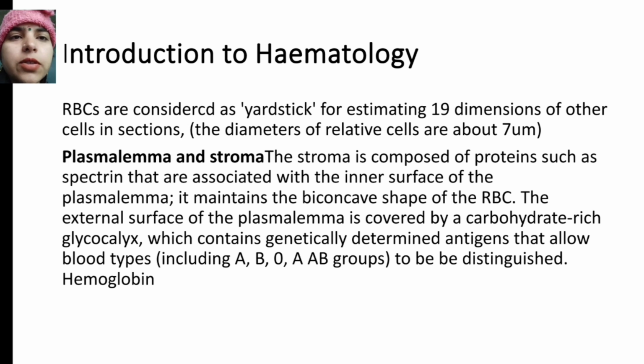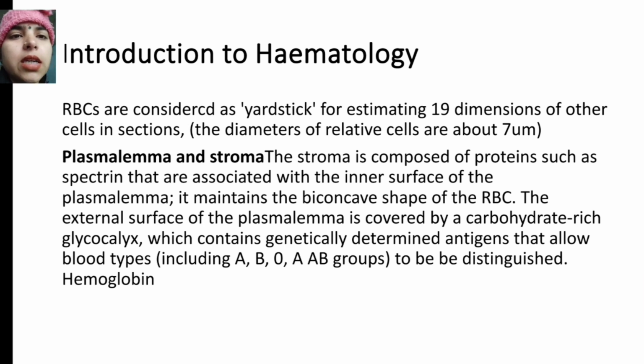Plasmalemma and stroma. The stroma is composed of proteins such as spectrin that are associated with the inner surface of the plasmalemma. It maintains the biconcave shape of the RBC.